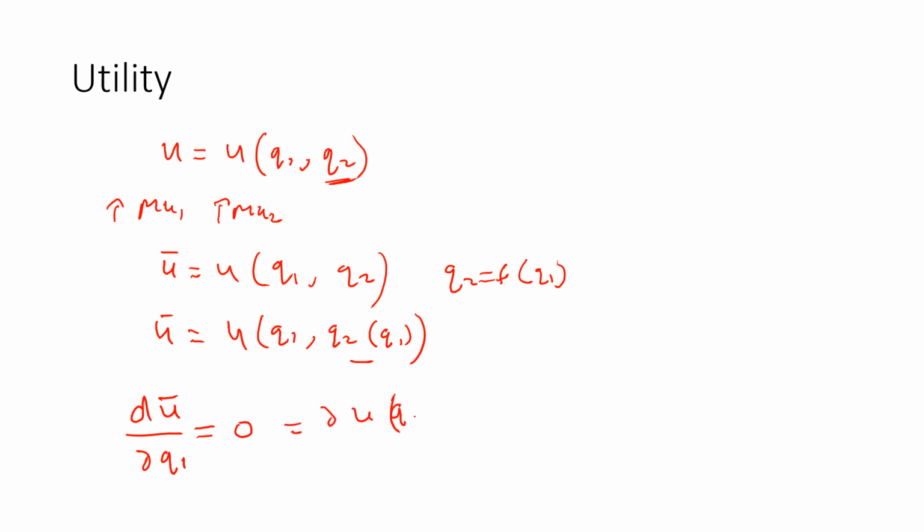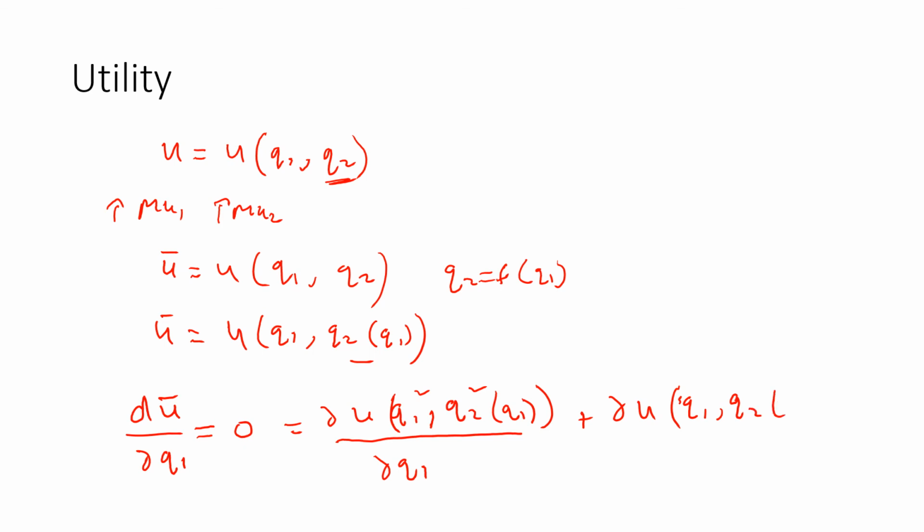So for the total utility function of Q1 and Q2, where Q2 is also a function of Q1, when we want to find the derivative with respect to Q1, first we take the derivative of the entire utility function with respect to Q1, but again we know that Q2 is not constant, so we will have to use the chain rule in order to find the change in Q2 due to the change in Q1, that is, partial Q2 to partial Q1.